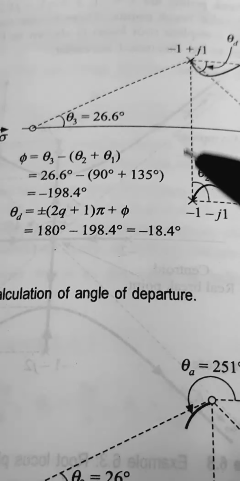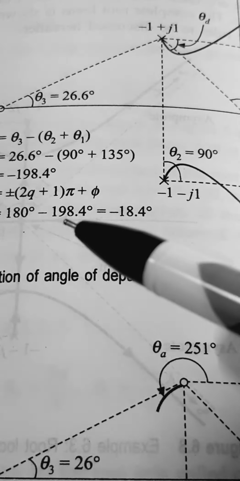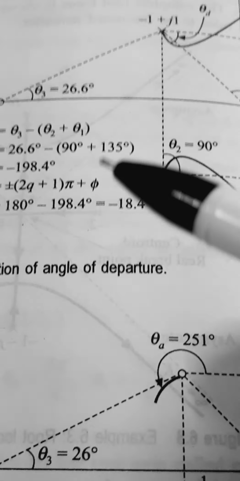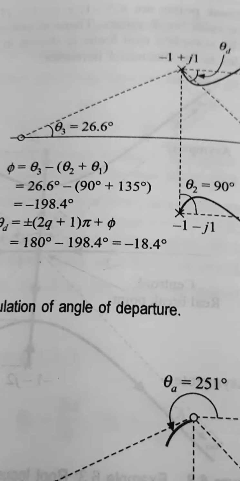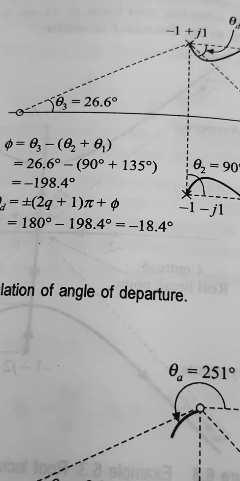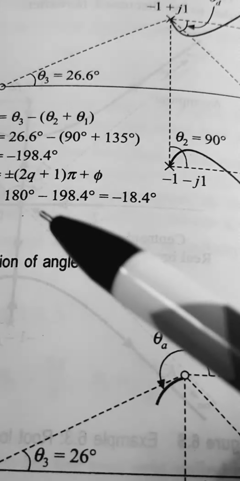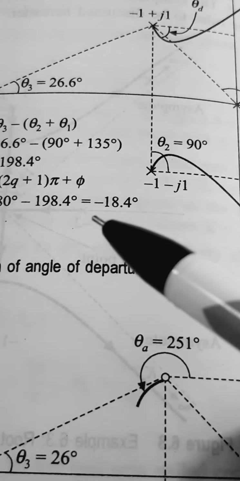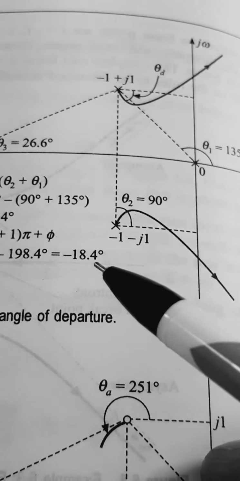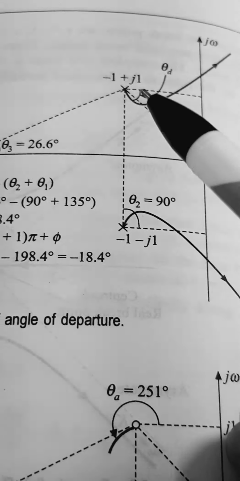This is a single pair, so q is equal to 0. So 180 degree plus phi, which is minus 198.4, is equal to minus 18.4 degree. So here the angle of departure is minus 18.4.